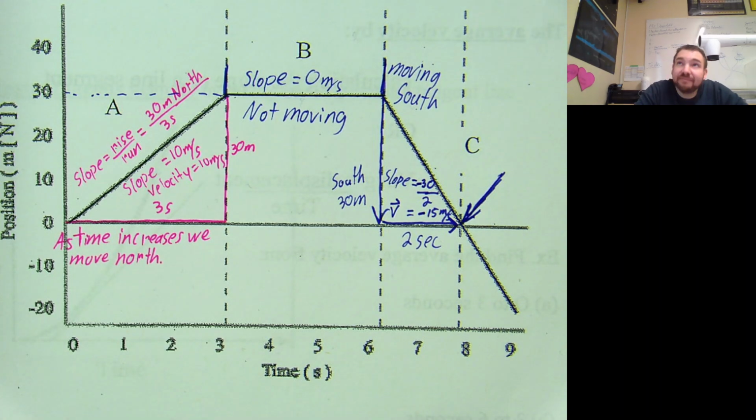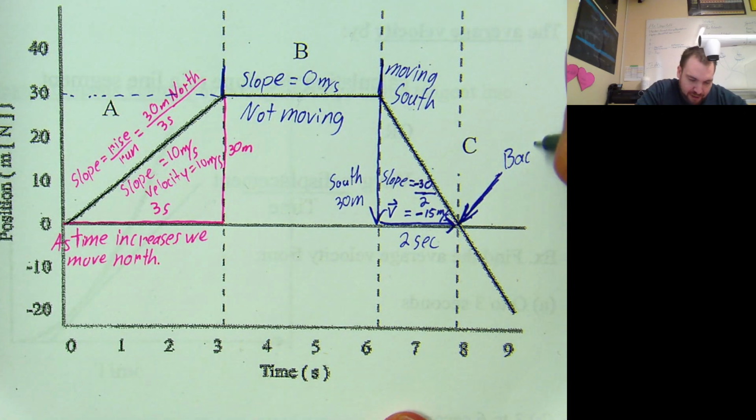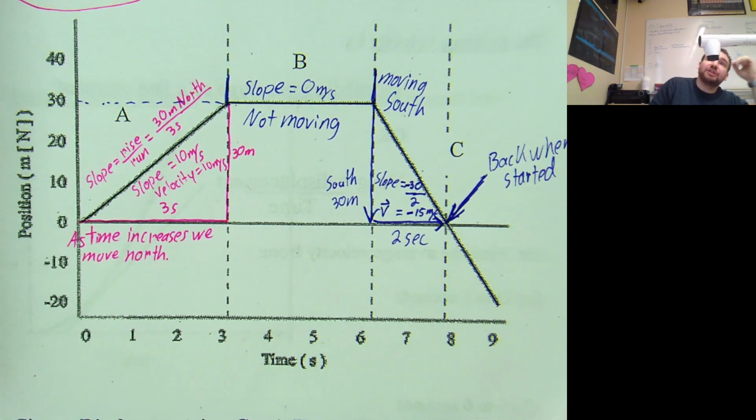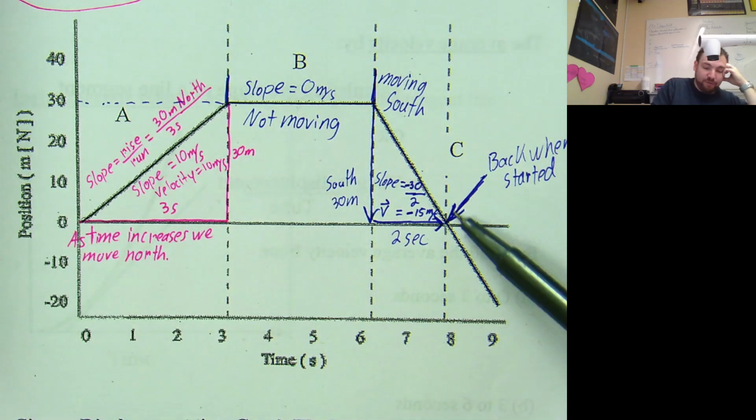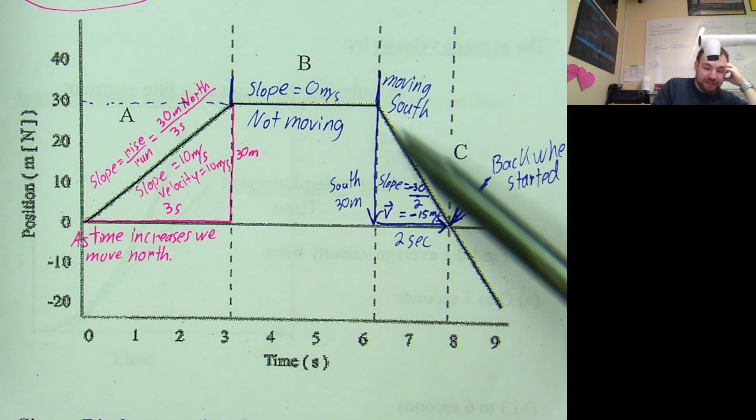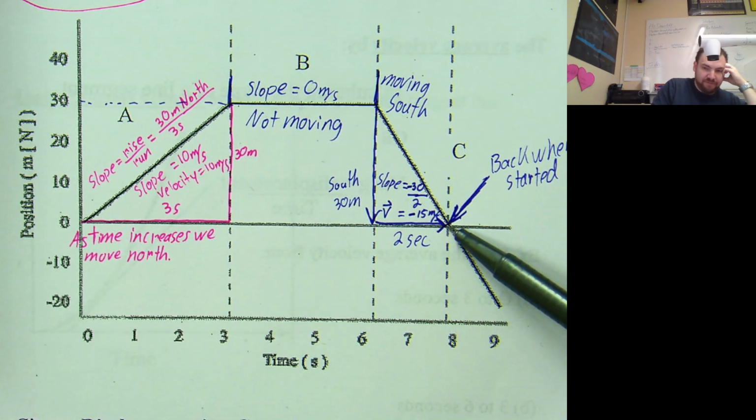Oh, you're in the same starting position. Yeah. At that point, we're back where we started, because we started at position 0. Right here, we're back at position 0. Just reading that off the graph.